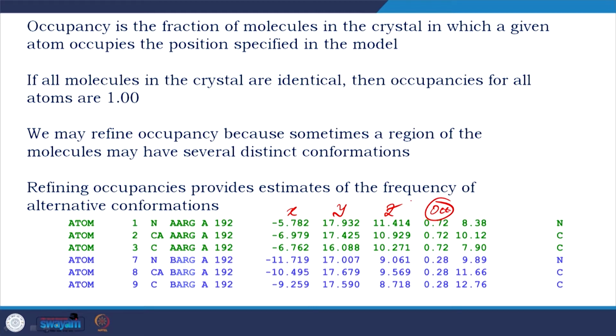You see this is a side chain of the arginine, and for one conformation it is 72%, which means 0.72, and the other 0.28, 28%. Again, I just want to confuse you a little bit because this confusion will produce a creative mind in you.